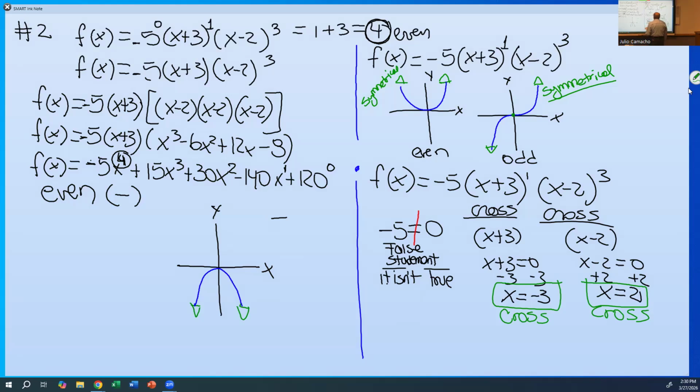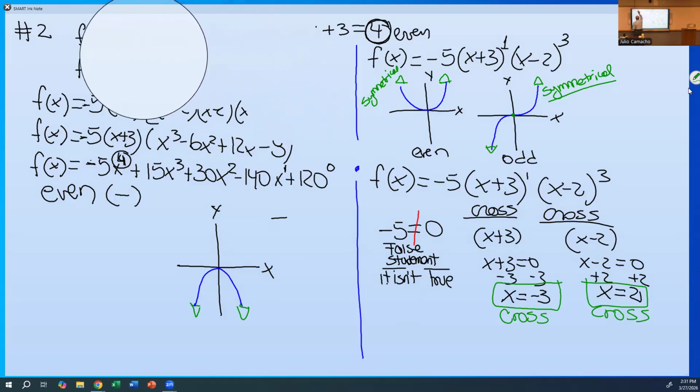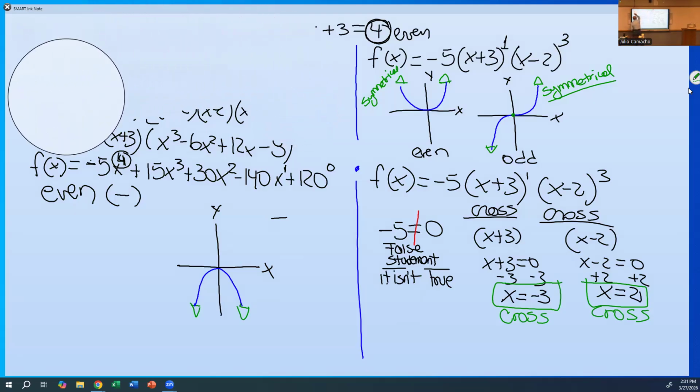So the next step, we need to find some points that we can add to this equation to be able to graph. I will need to delete the first part of this equation, so we can still use the bottom part.